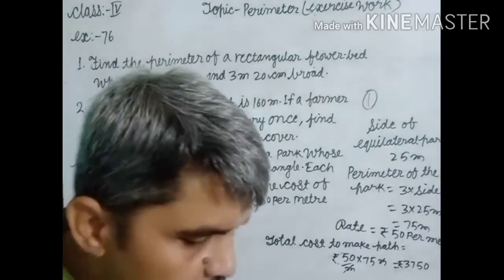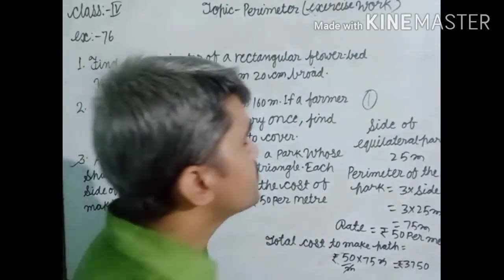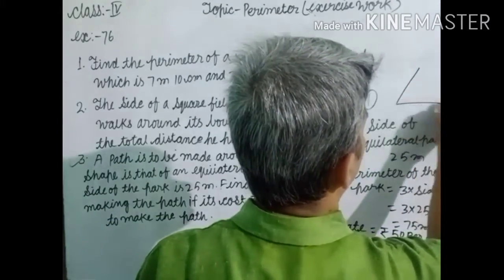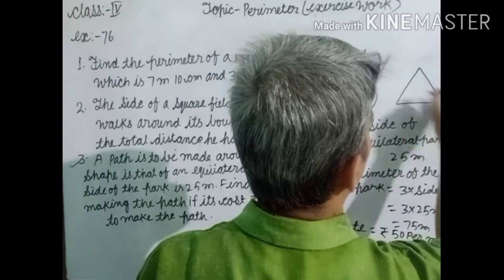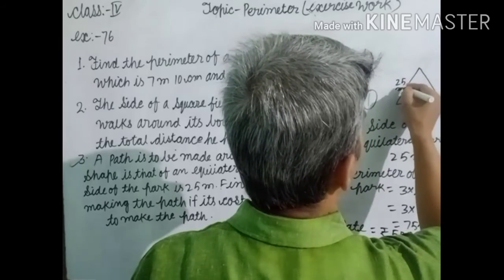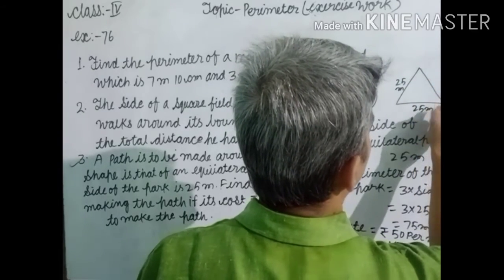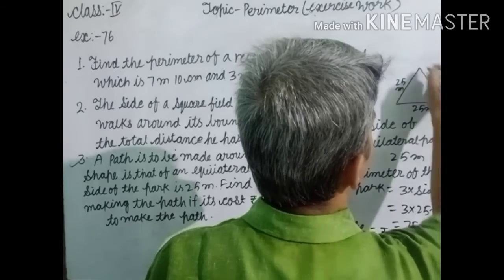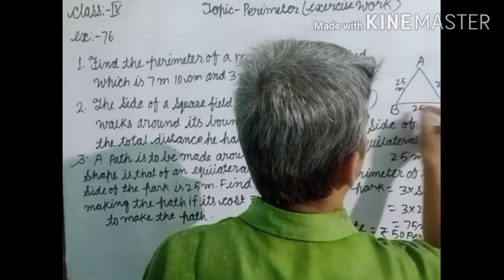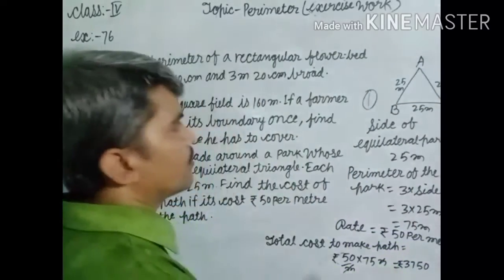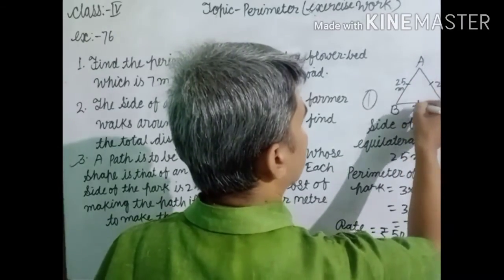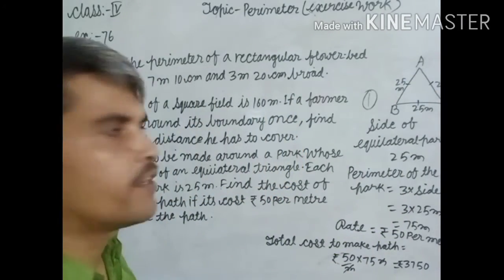Again, let us repeat such a question. Dear students, this is an equilateral triangle, and its sides are 25 meters, 25 meters, 25 meters. Suppose this is the path ABC. All sides are equal, so we say this is an equilateral triangle.